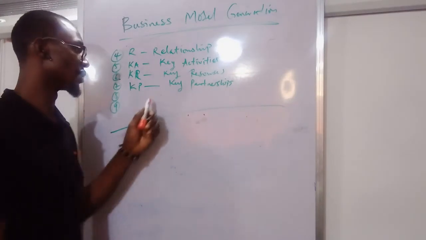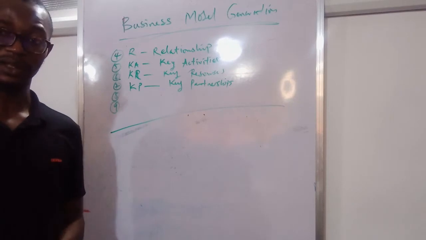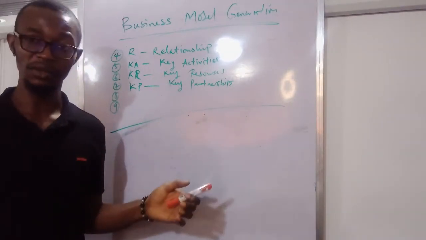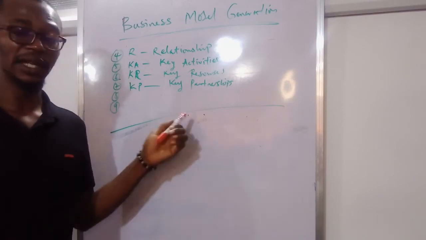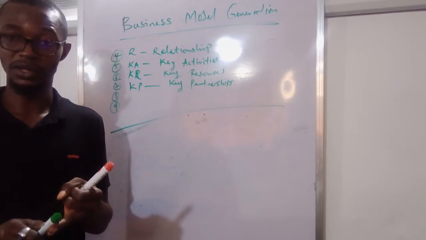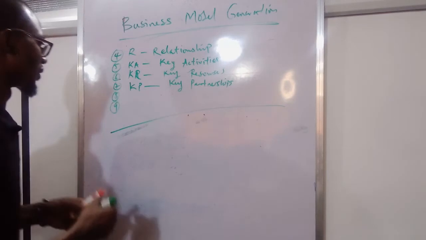We'll go into that later, but most times you need partners because you're trying to optimize the resources you have. It's not as if you can't get it done, but it might take longer and cost you more. With partnership, you get things done more effectively.